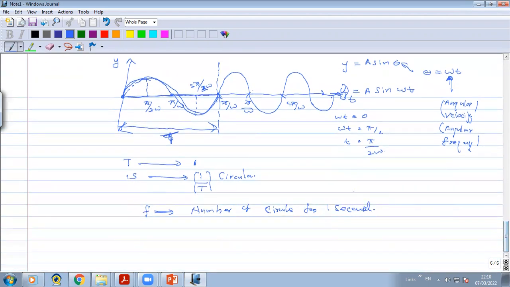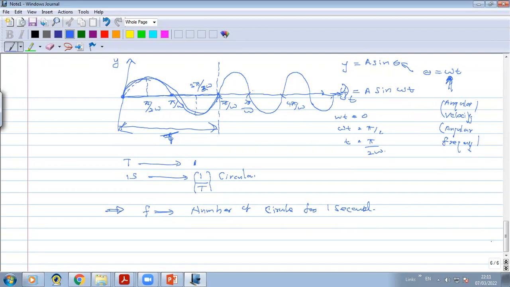So we have learned two concepts. One is omega, that is angular velocity or angular frequency. And here we have defined another parameter, that is the number of circles for 1 second, which we call frequency.